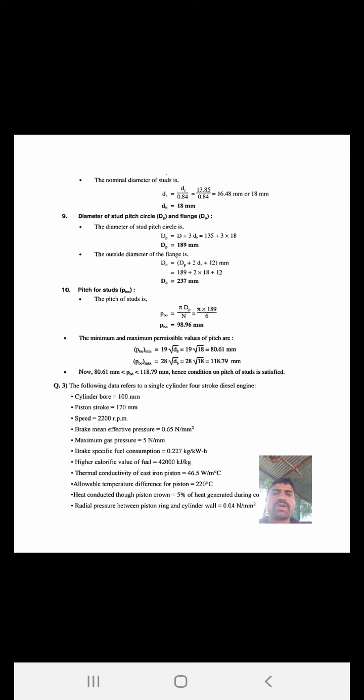Now 80.61 is less than pbo and pbo is less than 118.79 mm. Hence the condition of the pitch of the stud is satisfied, because the minimum value is less than pbo and pbo is less than the maximum value. That's why this condition is satisfied.